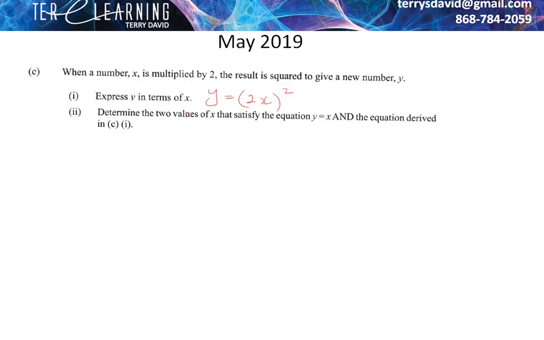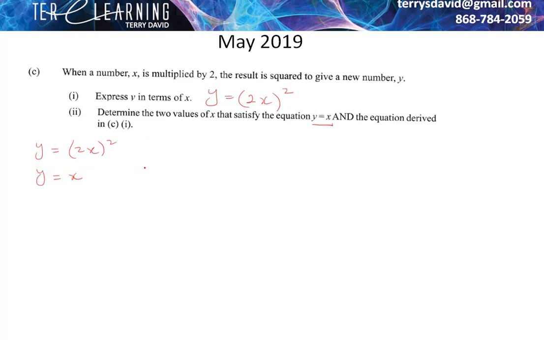The next part, part 2, determine the two values of x which satisfy the equation y is equal to x and the one you had in part 1. So the first equation you had in part 1 was this: y is equal to 2x squared, and they give you another equation which is y is equal to x, right?